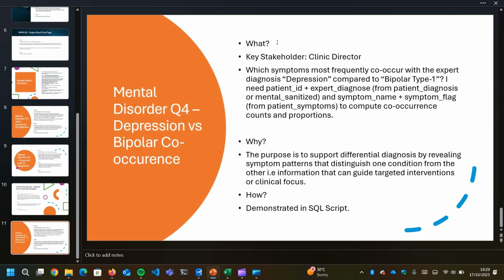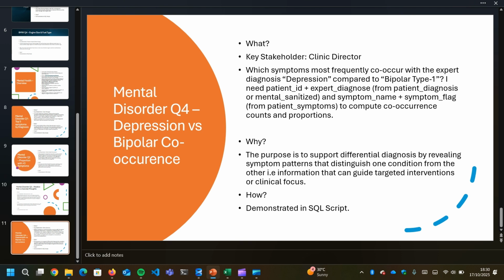Next question goes, which is basically depression versus bipolar co-occurrence. So the key stakeholder here is the clinical director. So the question goes: which symptoms most frequently co-occur with the expert diagnosis depression compared to bipolar type 1?